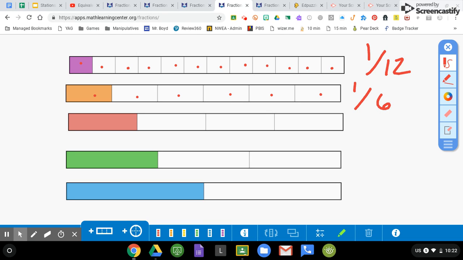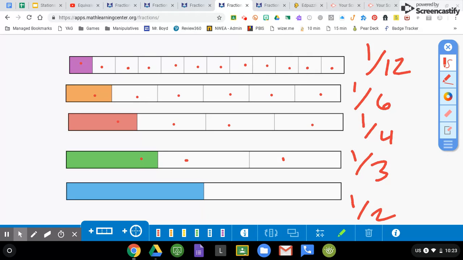In red, I have 1 shaded out of 1, 2, 3, 4. That's 1/4. In green, I have one shaded still out of 3 total pieces. 1, 2, 3. And then finally in blue, I have one shaded out of 2. That's 1/2 shaded.